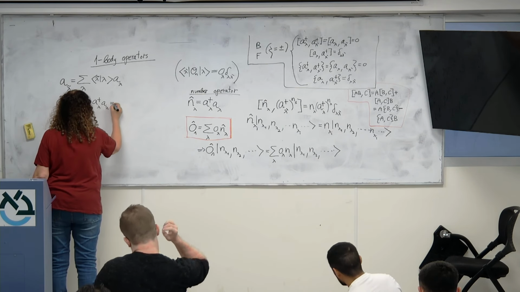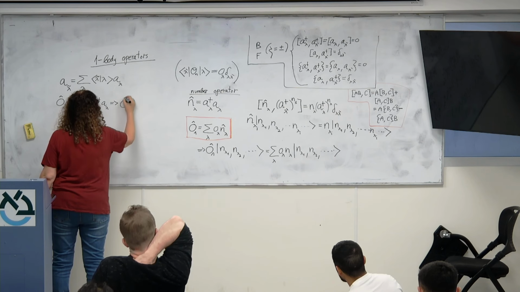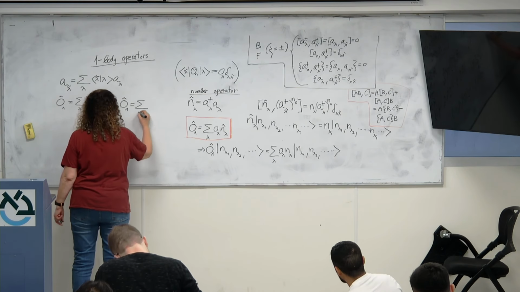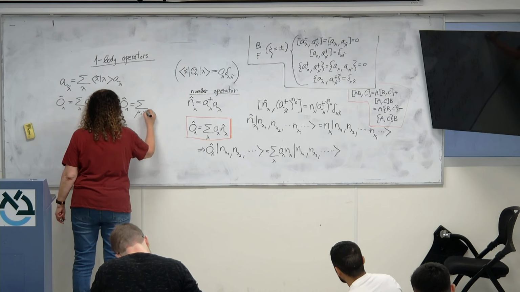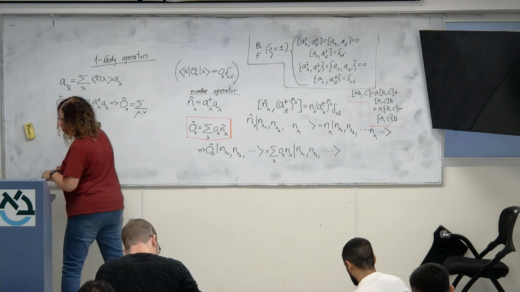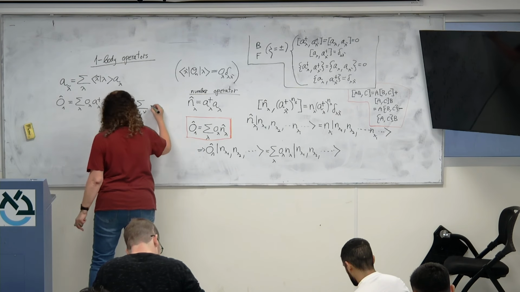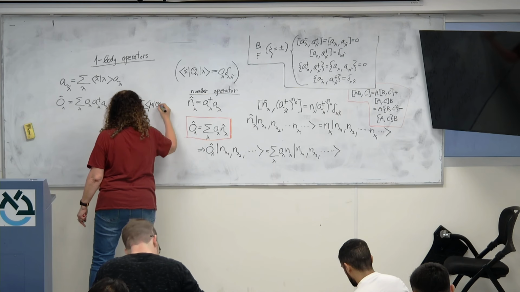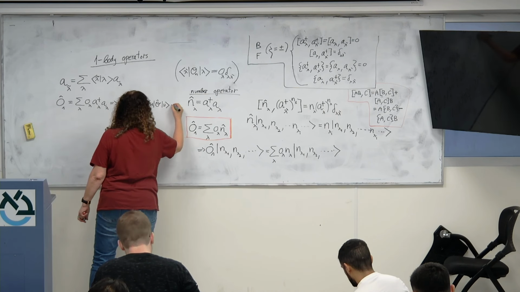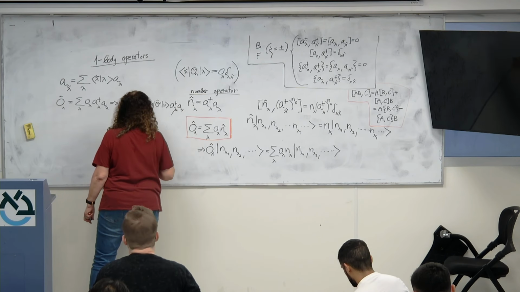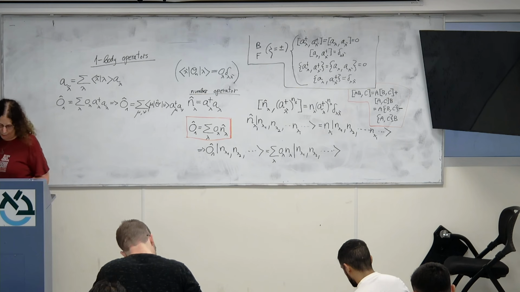What you get here is then a more general expression that is a sum over mu nu of the matrix element O mu nu, A mu dagger A nu.